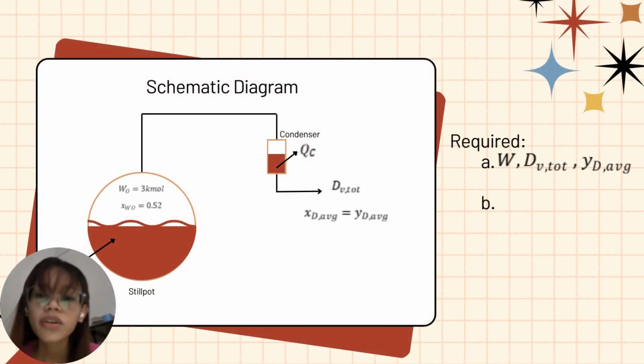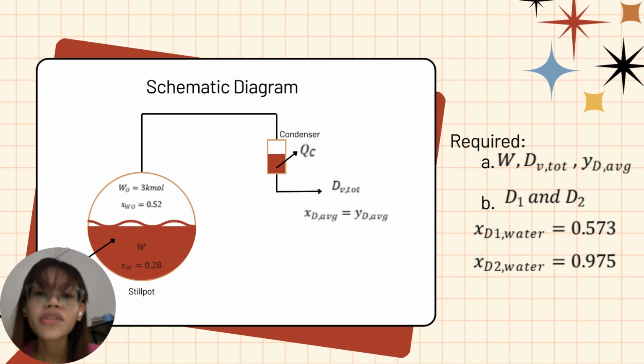The first thing that we're going to do is to create a visualization of the indicated problem through a schematic diagram. Here, the still pot contains a feed of 3.0 kmol mixture of n-butanol and water, which has 52 mol% water.